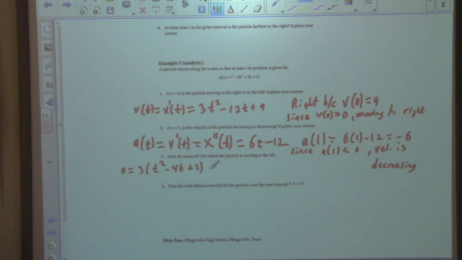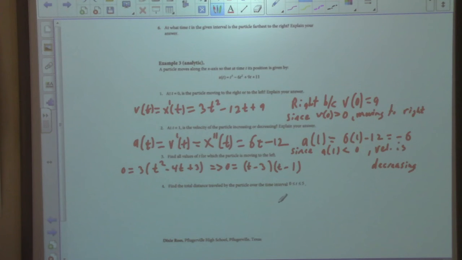So here we have 0 equals 3 times (t minus 1) times (t minus 3), right?